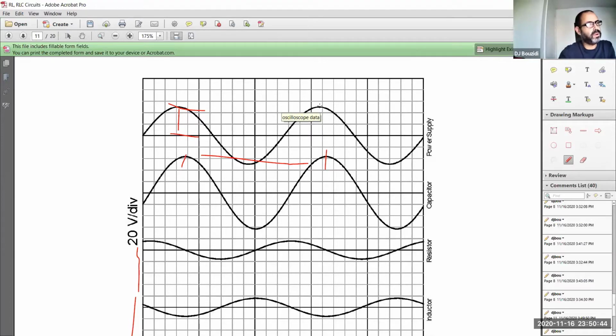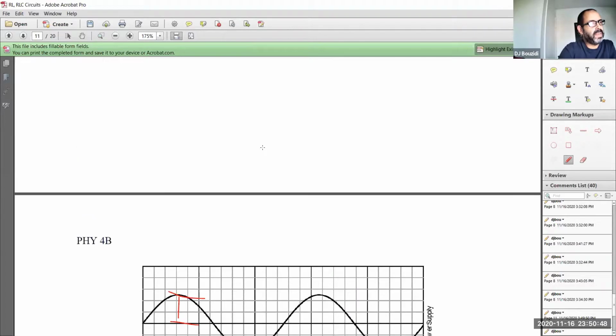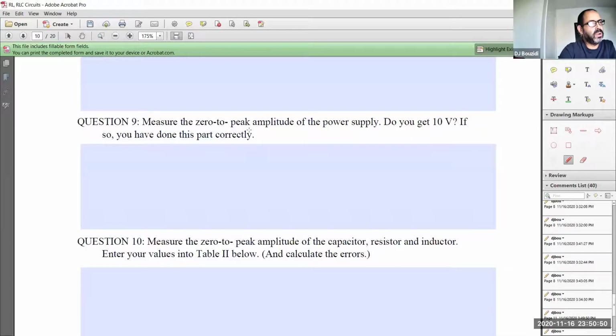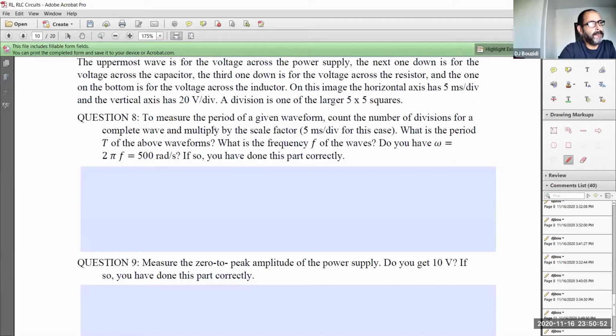Since T is equal to 2 pi over omega, then once you find the period T, you can find what omega is, okay? And then you need to compare it to 500 radians per second. Did you find it or not? It should be close to it.